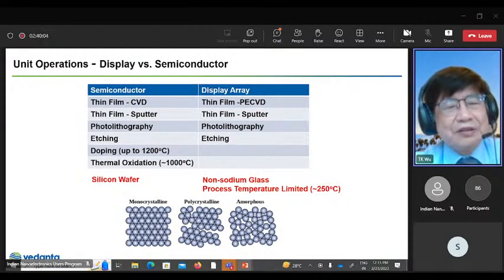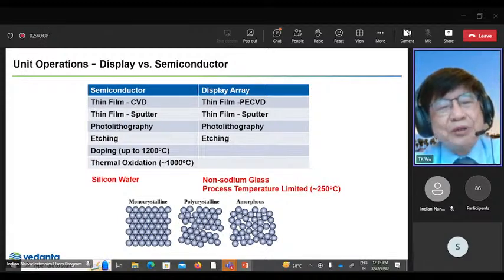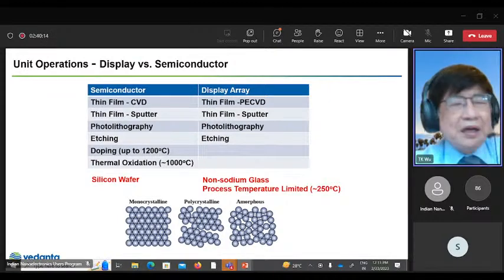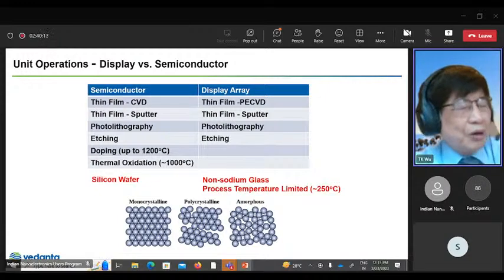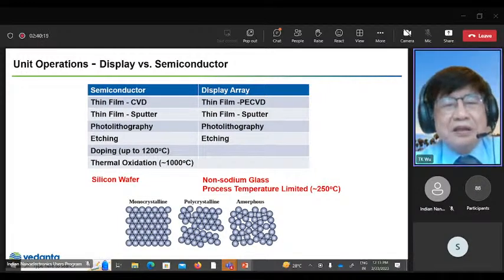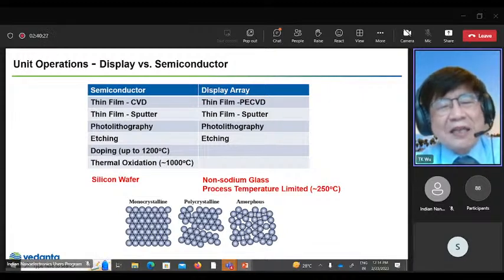We can see that doping and thermal oxidation are both very high temperature processes, over 1000 degrees. However, in display we only have 4: thin film PECVD, thin film sputter, photolithography, and etching. We don't have doping. We don't have thermal oxidation.